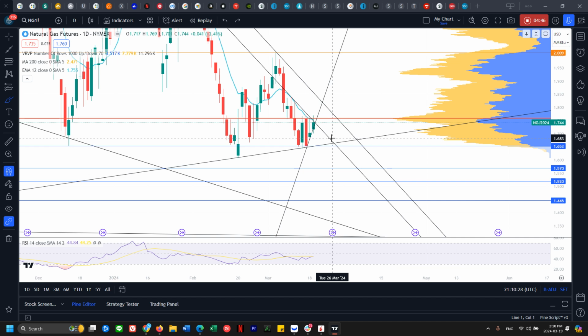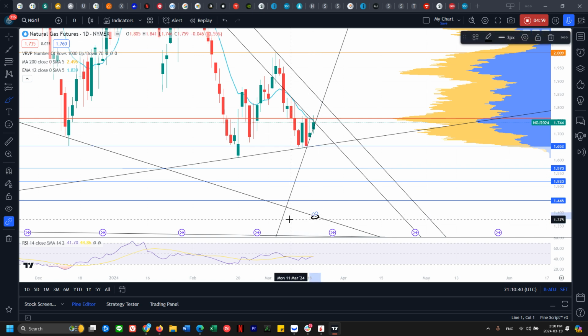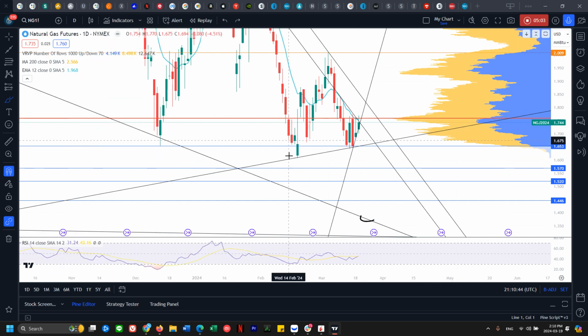We'll see which way it breaks, but if that breaks, then there's really not much support until we come down to these historical levels. These blue lines are mostly historical levels. And if we break all three of those, then we're coming down to the black line, this one, which is this support. It's pretty far away, but we'll see.